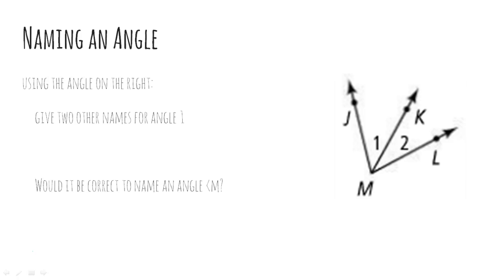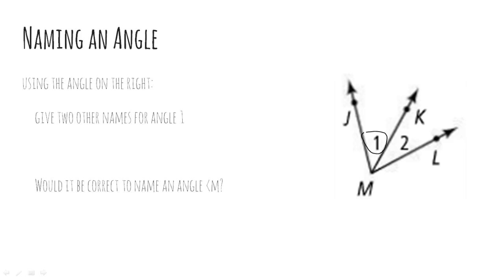So when we name an angle, it says using the angle on the right, give two other names for angle 1. So we have angle 1 right here. And if you look, we've got a ray MJ and a ray MK that are forming this angle.